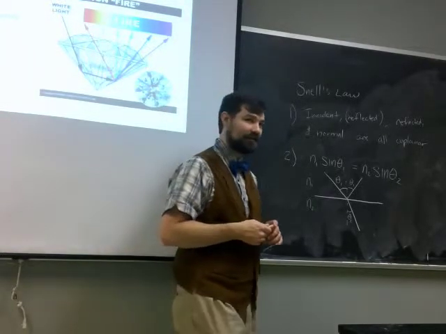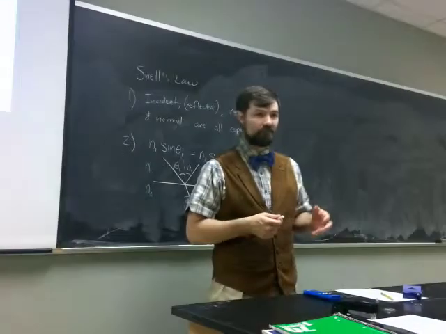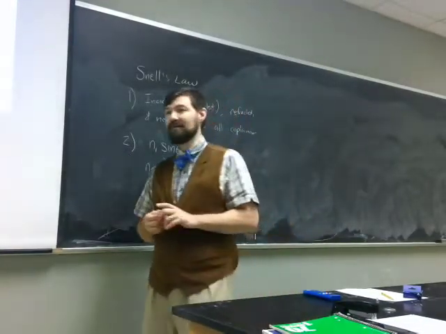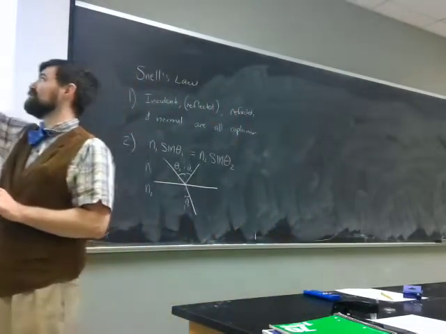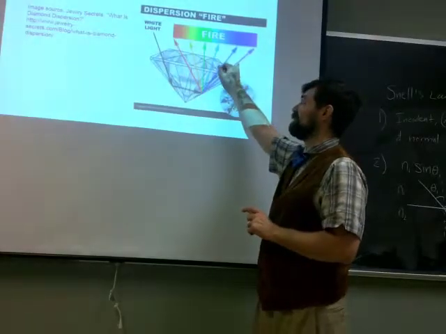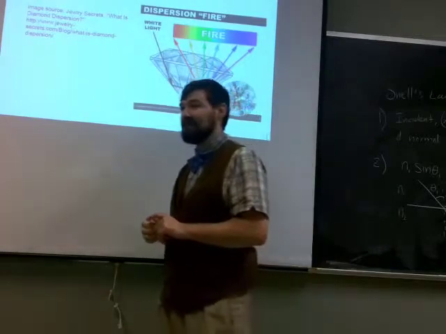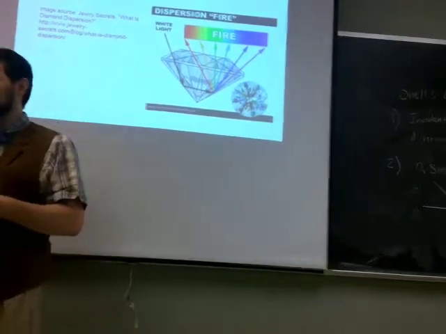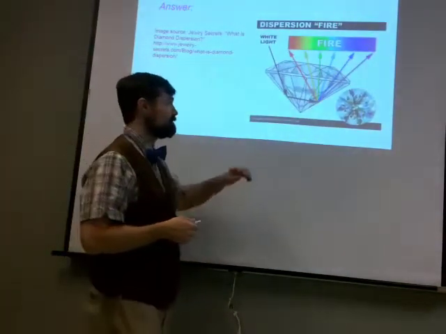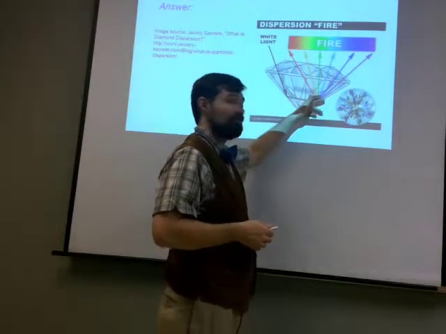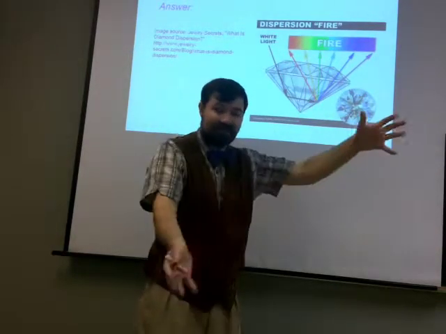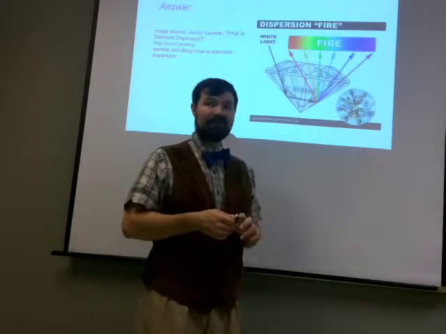Now, wavelength corresponds basically to color for light. So we saw that when we talked about the properties of waves. So red has a long wavelength, violet has a short wavelength. And so the refractive index is different for each one of these. It basically means you send white light in, it refracts, and it splits. And so it makes sort of a rainbow effect.